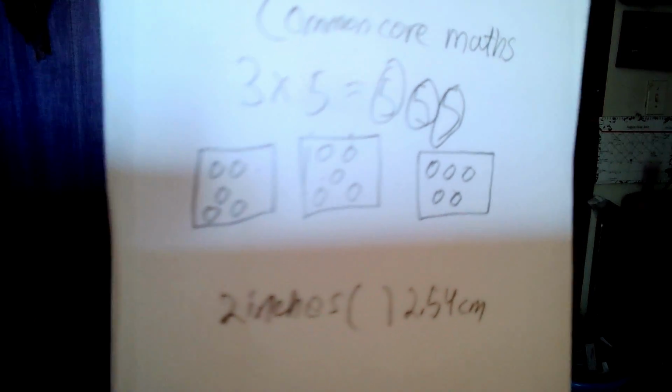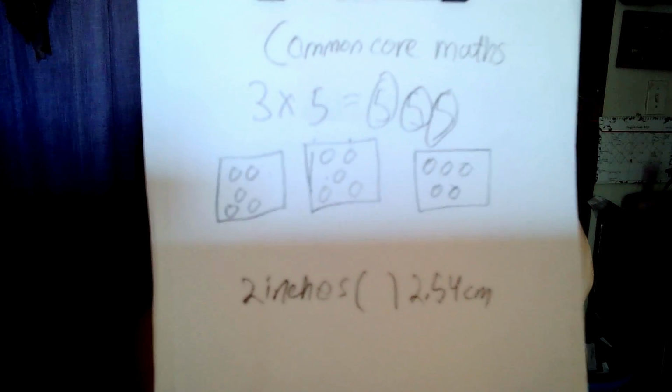what goes in the middle, and 2.54 cm. If we do this, obviously 2 inches overpowers 2.54 centimeters because 1 inch equals 2.54 cm.